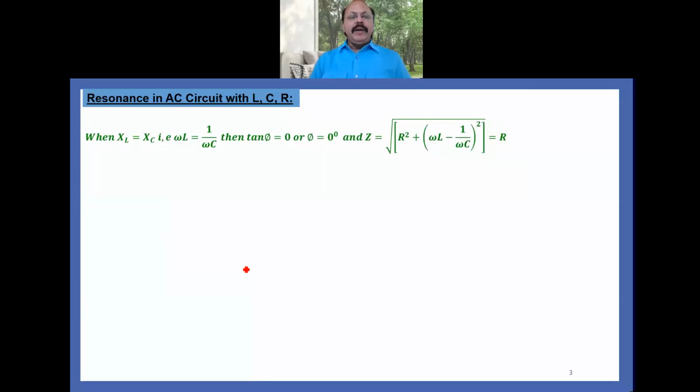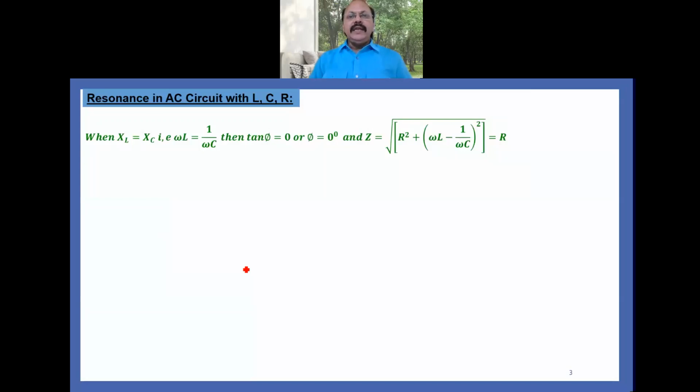So we say that at a particular frequency, when XL equal to XC, or omega L equal to 1 upon omega C, then as we have already studied, tan phi equal to XL minus XC upon R. In that condition tan phi equal to 0, or phi equal to 0 degree.